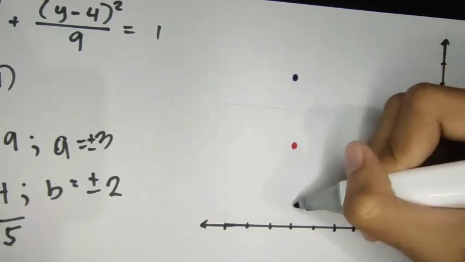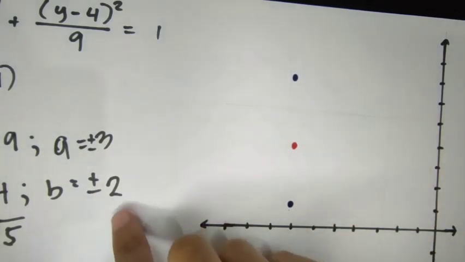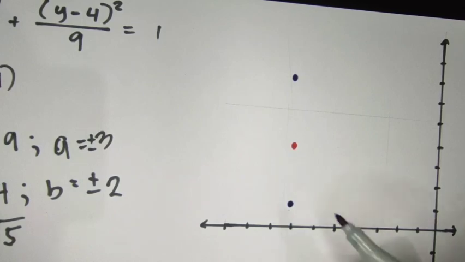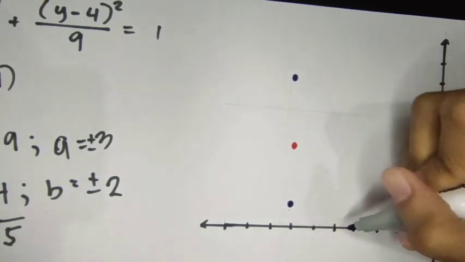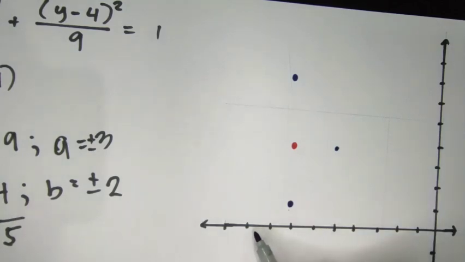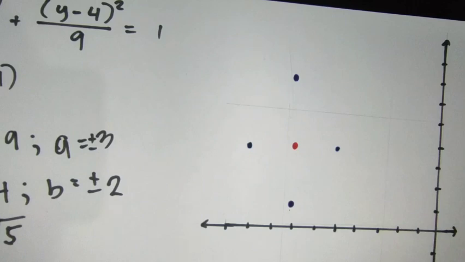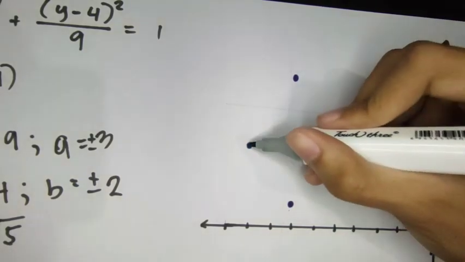And so we have our vertices. And because b squared is below the x variable, we will move b units to the right and to the left. Now we have our co-vertices. Because of that, we can now draw our ellipse just by connecting those 4 points.